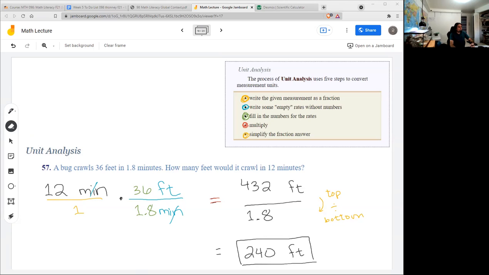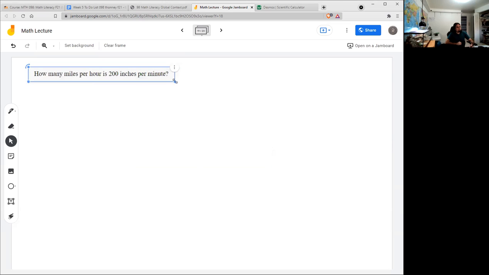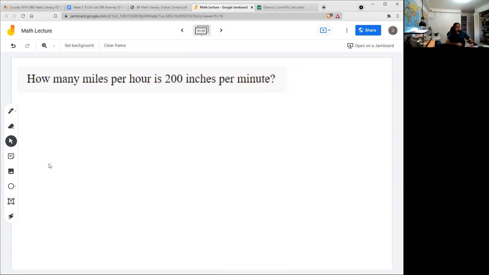Should we do a more complicated one? Bring it. How many miles per hour is 200 inches per minute?